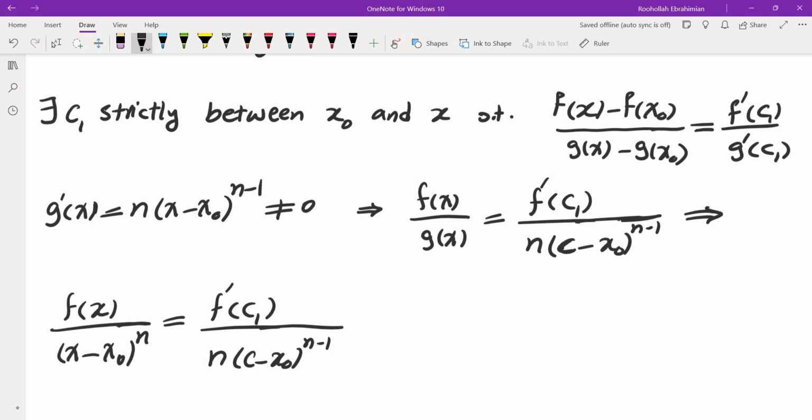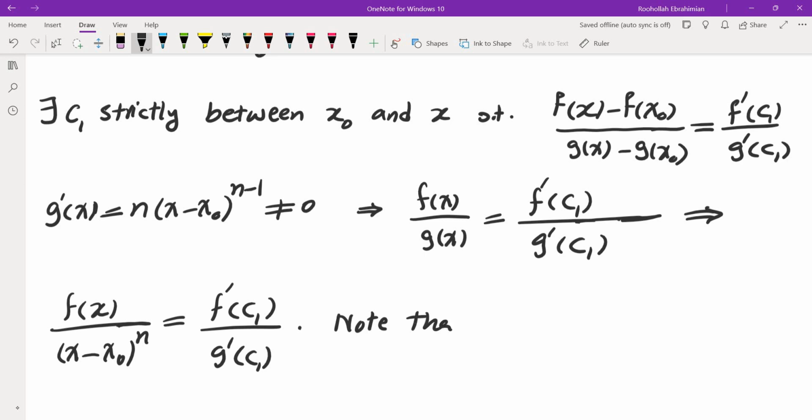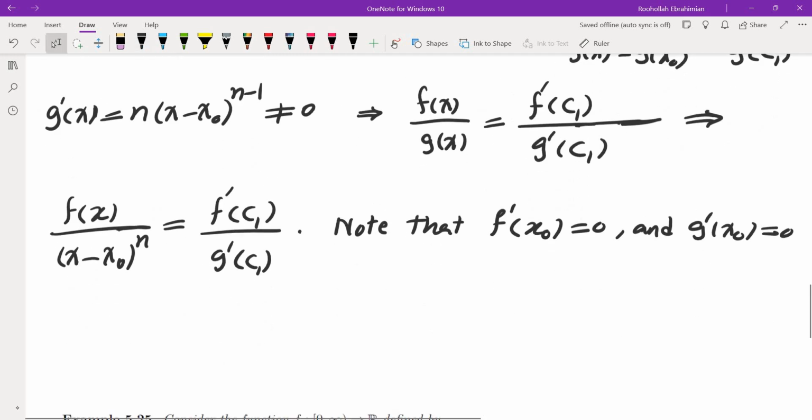Now, if you look at this function, let me actually keep that as g prime of c1, because I'm actually going to repeat the same argument. Okay. Now, I'm able to repeat this process. Note that again, f prime of x naught is also 0, and g prime of x naught is also 0.